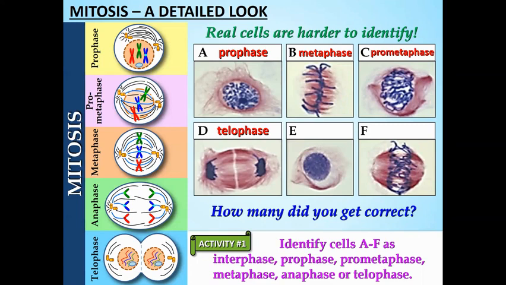Telophase, you can see that it's completely separated and towards the pole. I was thinking maybe it looks similar to anaphase too, but that must be something more like F. Let's find out. Interphase, which is when it is the longest time of cell division. And then there's anaphase. So how many did you get right?